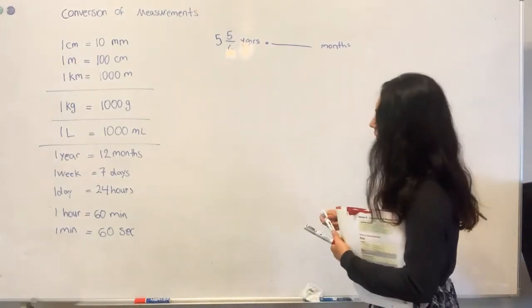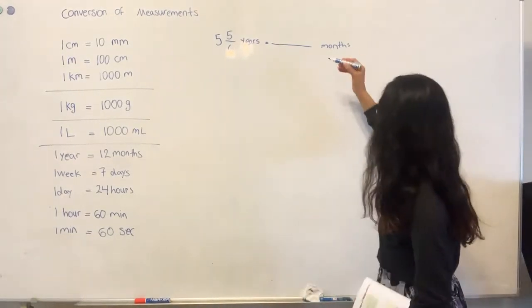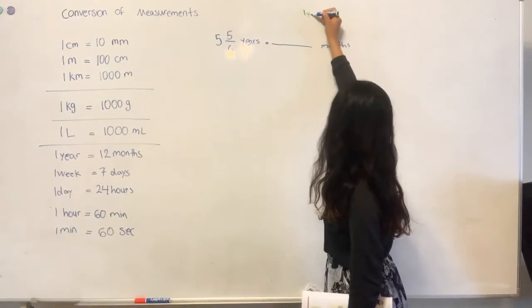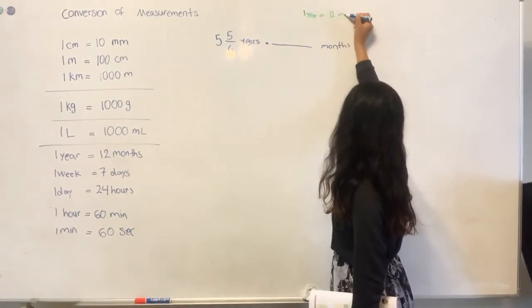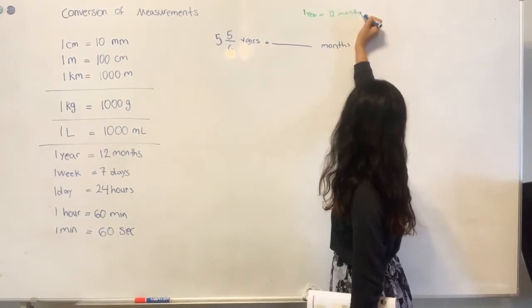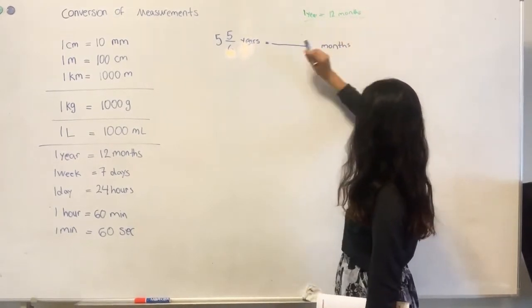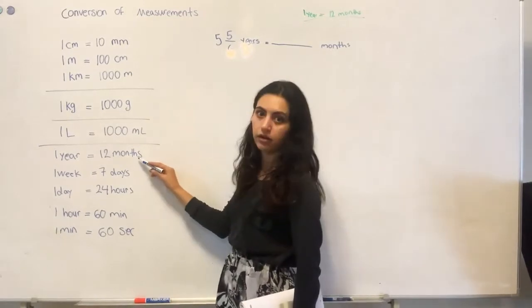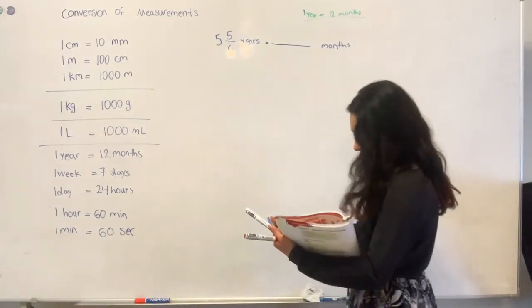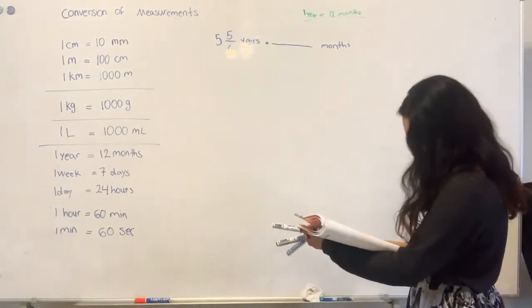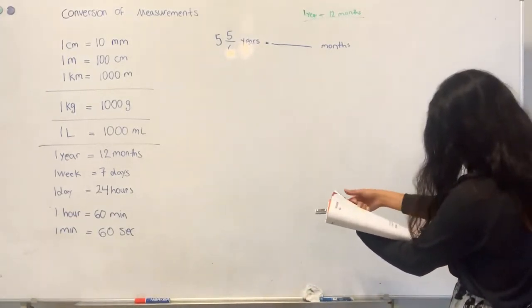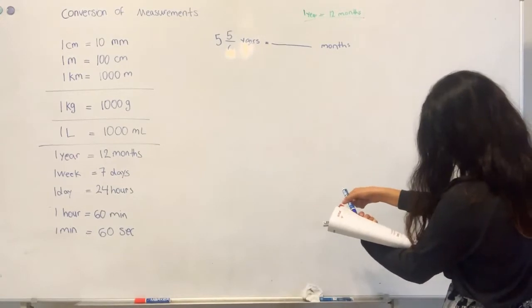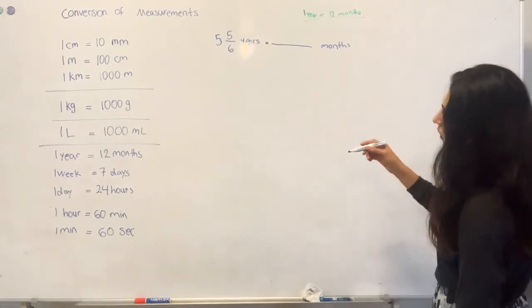The first information that we need is 1 year is equal to 12 months. I got this from my list, right? So that's the first information I need to know. Then, what is suggested in the book, we do it separately.